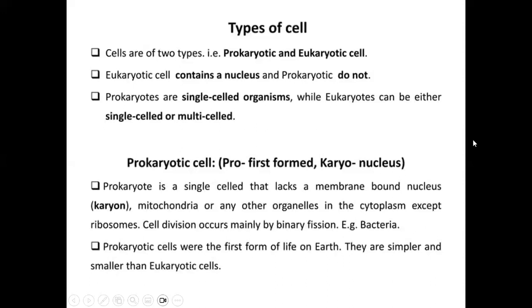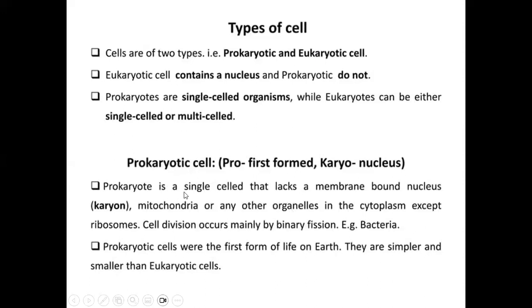Broadly, cells can be categorized into two types, that is prokaryotic and eukaryotic cell. Eukaryotic cell contains a well-defined nucleus, while prokaryotes do not. Prokaryotes are also single-cell organisms, while eukaryotes can be either single-celled or multicellular.